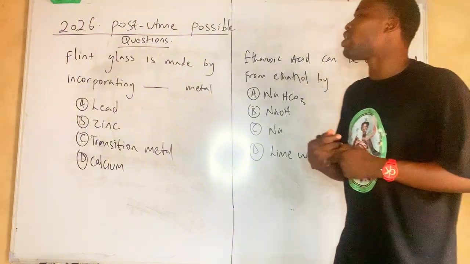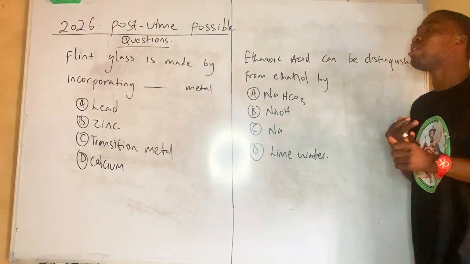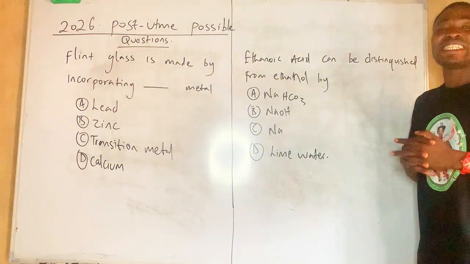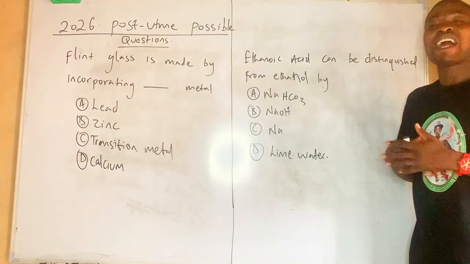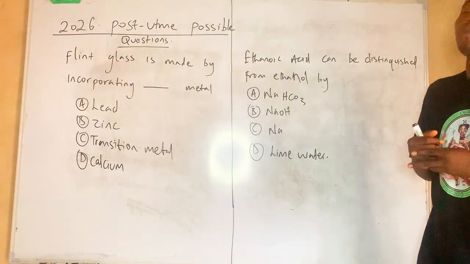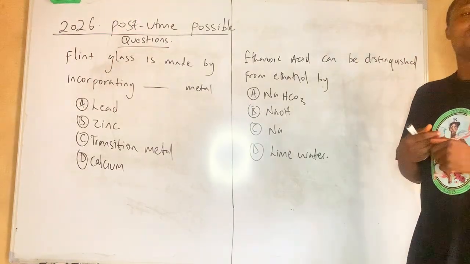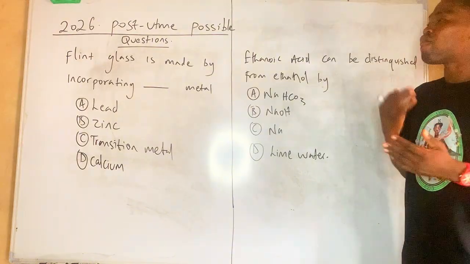Now, flint glass is actually a brighter glass that has a higher refractive index than the normal ordinary glass. It is used to make prisms, triangular prisms. Those prismatic materials are flint glasses.